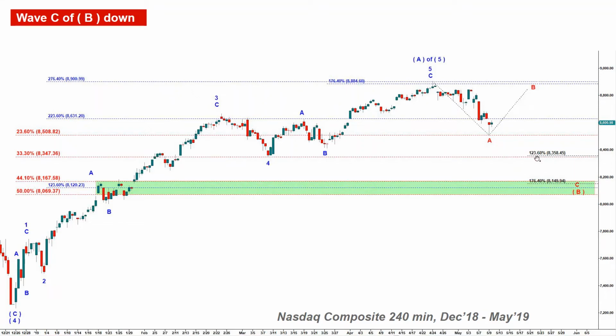So in my opinion, the most likely target for the second leg down would be something around 83.50, which is a nice confluence of three methods. We are talking about the level where the previous wave 4 bottomed, we are talking about 33.3% retracement, and we are talking about a potential extension for the final subwave C of a corrective wave B, if wave B manages to stretch that high.